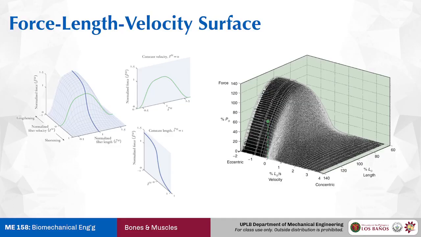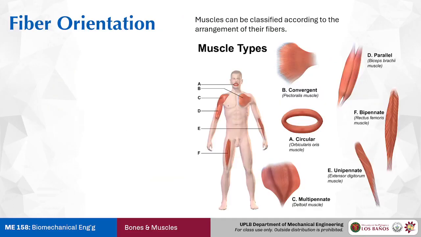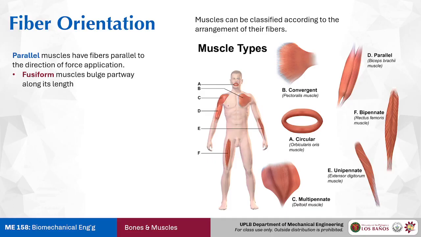Now, for the third thing, fiber orientation also matters. And with this respect, skeletal muscles tend to be grouped into three, but we'll only be looking into two for now. So the first one is parallel arrangement. You can think of the parallel arrangement as the muscle fibers, like for example your biceps brachii, being aligned to the tendons.